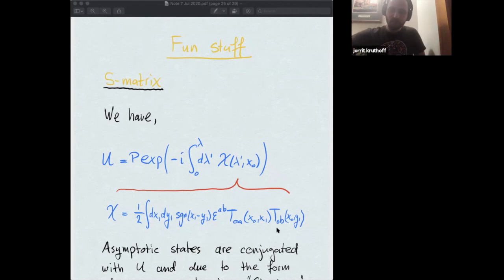Because roughly speaking, what I will show is that this unitary operator tells you how states change. So it also tells you how asymptotic states change, and the change of these asymptotic states is going to be precisely the effect the TTbar operator has on the S matrix.